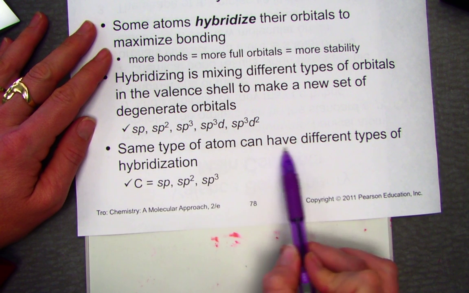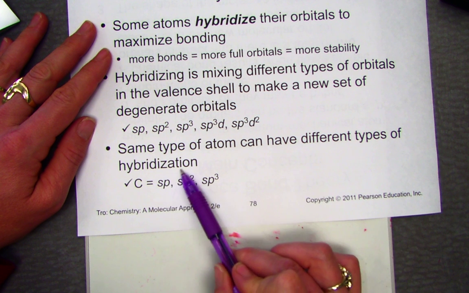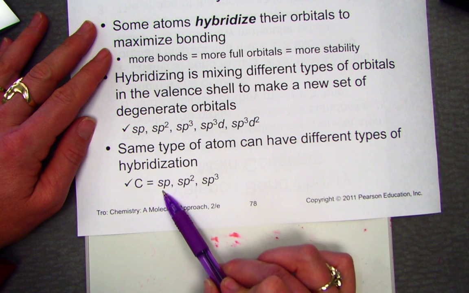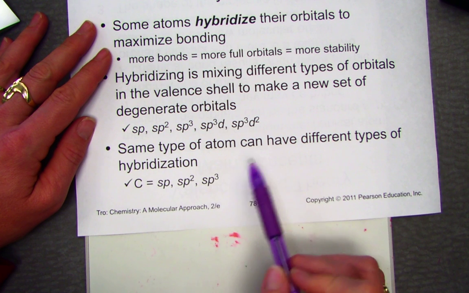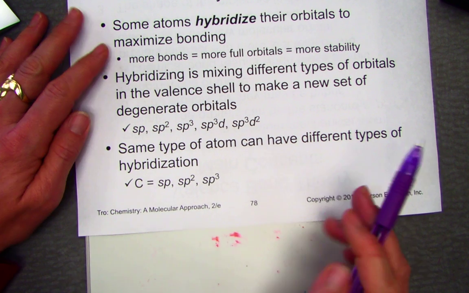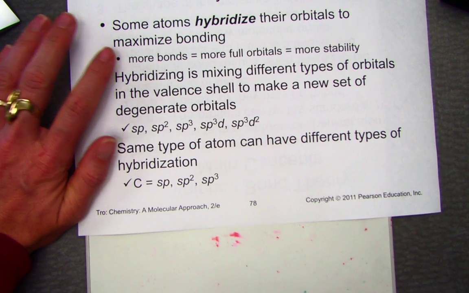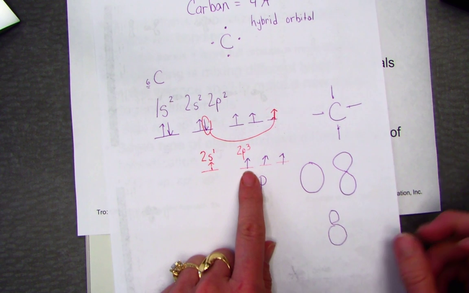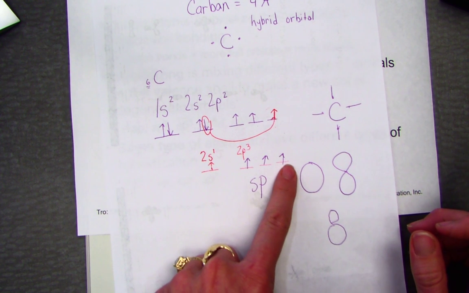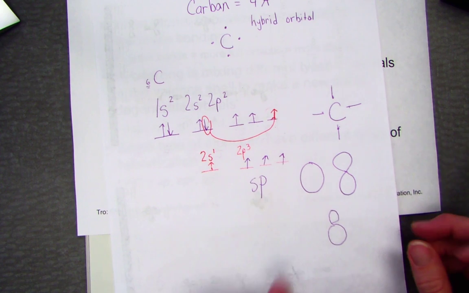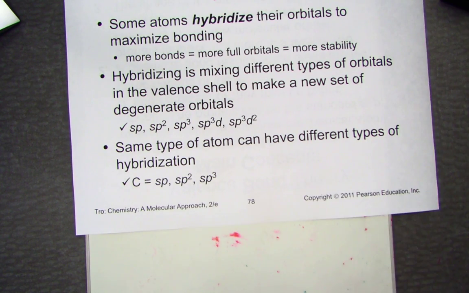So the same type of atom can have many different types of hybridization. Carbon: sp, sp2, or sp3 hybridization. Each one of those can be hybridized.